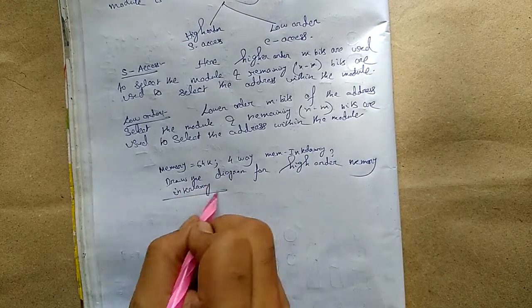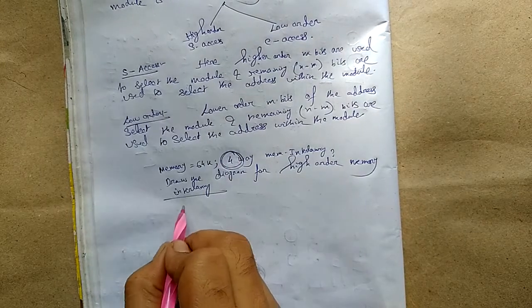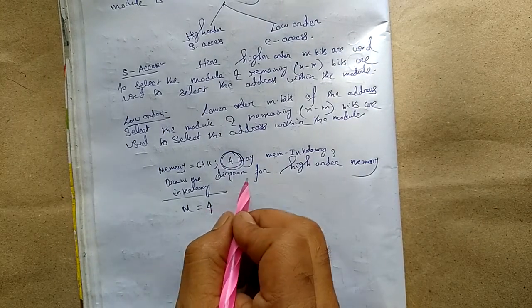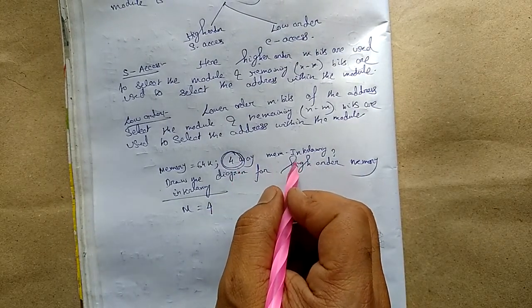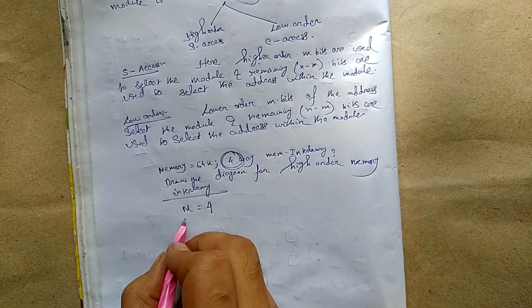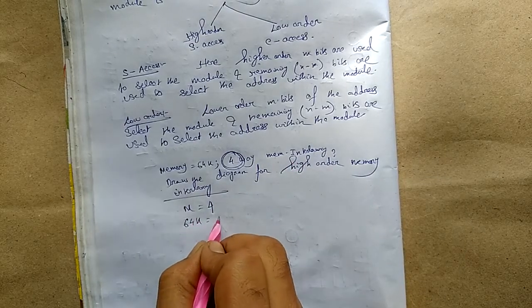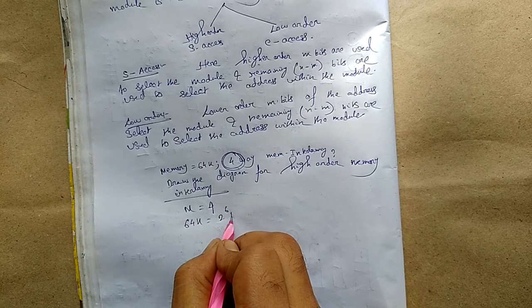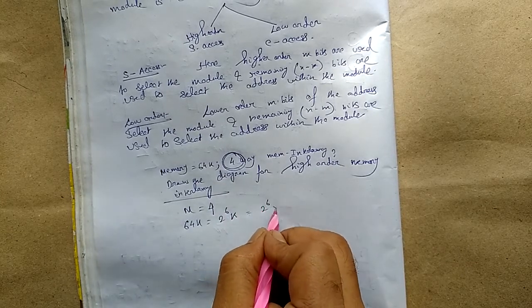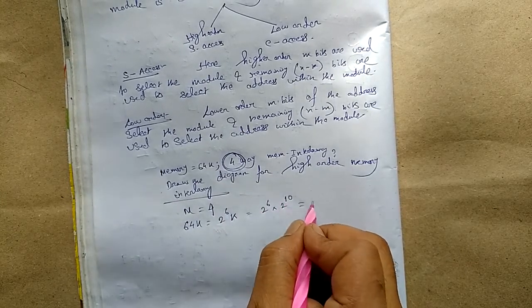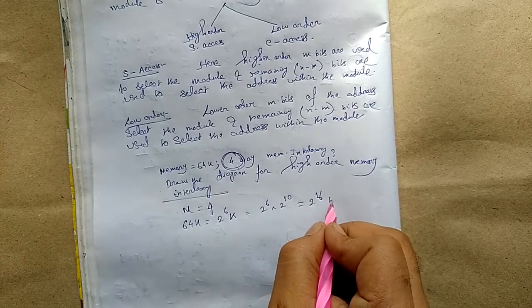So here the value of M is 4 because it is M-way interleaving, that means 4-way interleaving. The memory size given here is 64K. 64K means 2 to the power 6 times 2 to the power 10, that means 2 to the power 16 bytes.